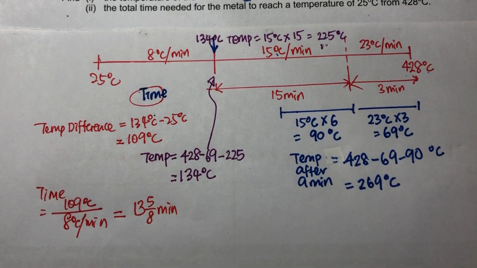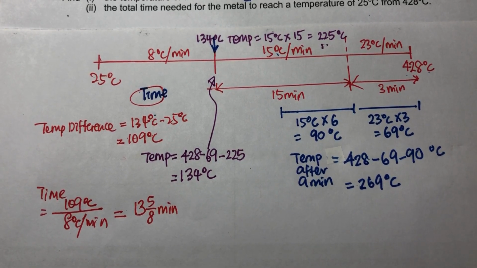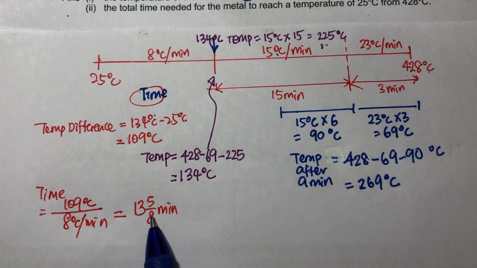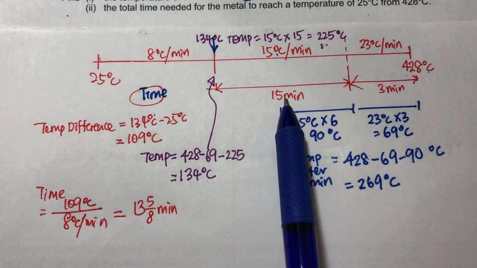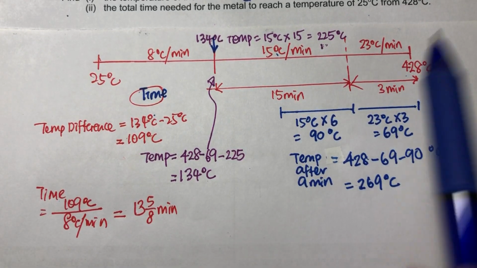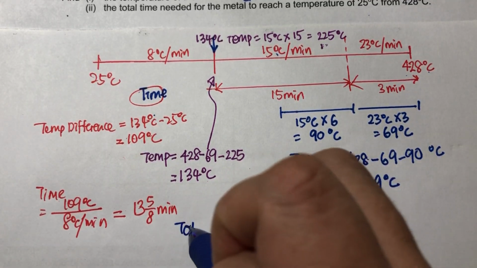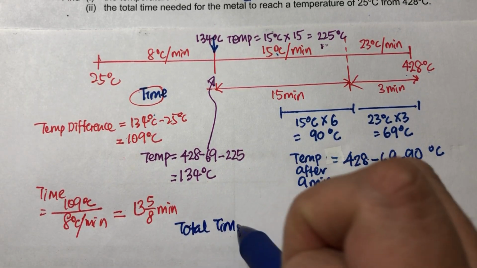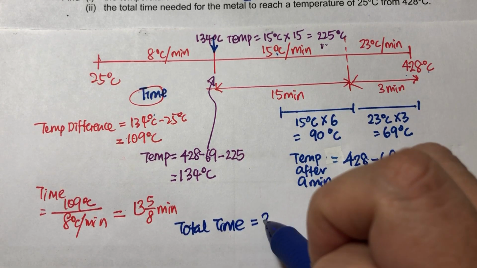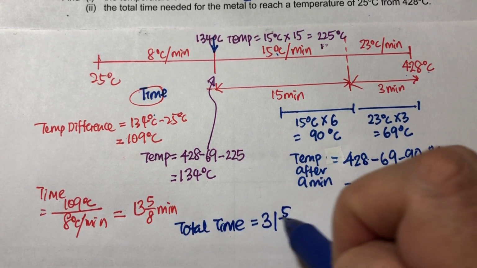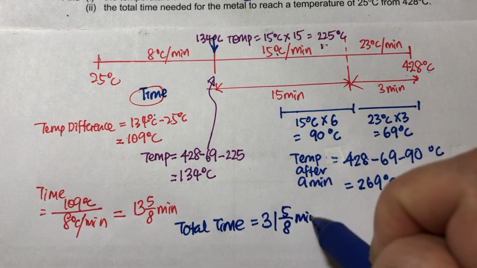Now, to get the total time, what we need to do is to sum up this and this. So total time will be 31 and 5 out of 8 minutes.